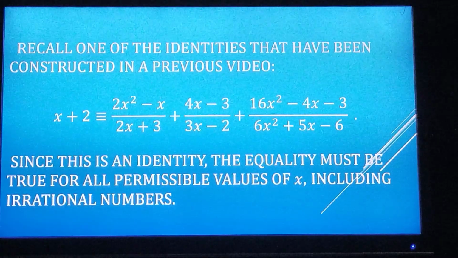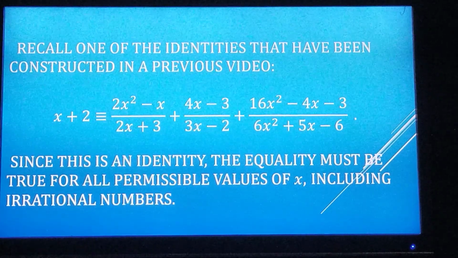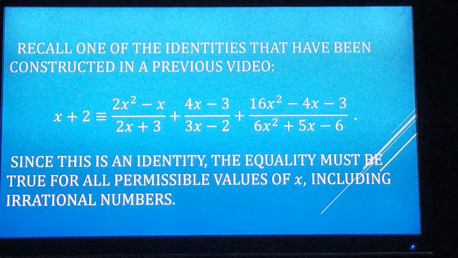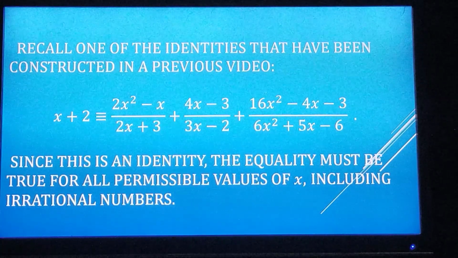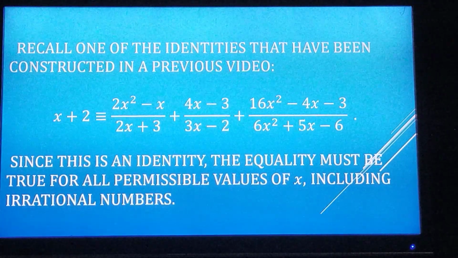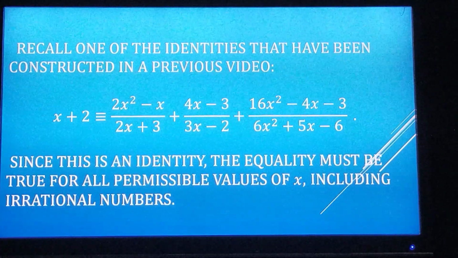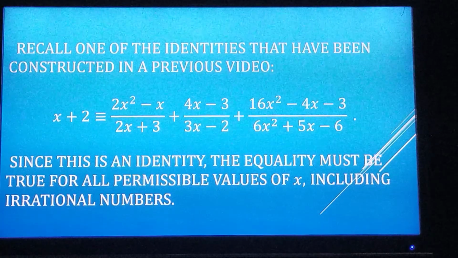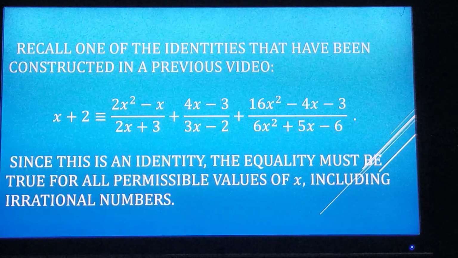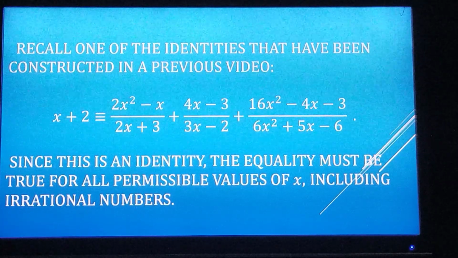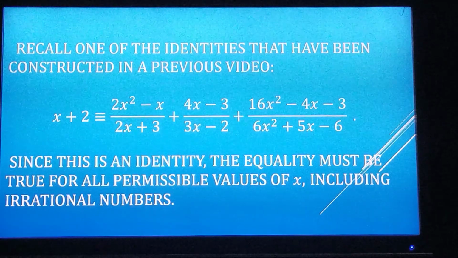Since this is an identity, the equality must be true for all permissible values of x, including irrational numbers. So we replace x with irrational numbers instead of integers or other rational numbers.